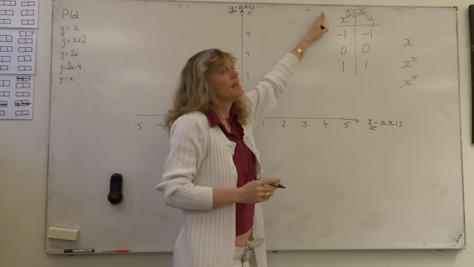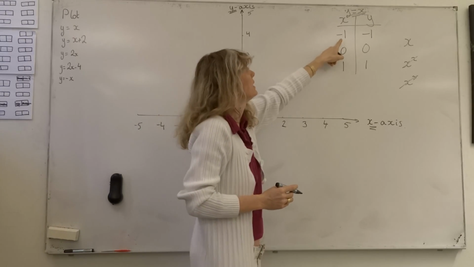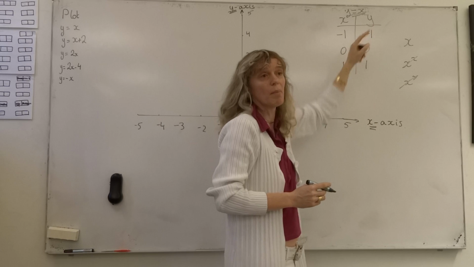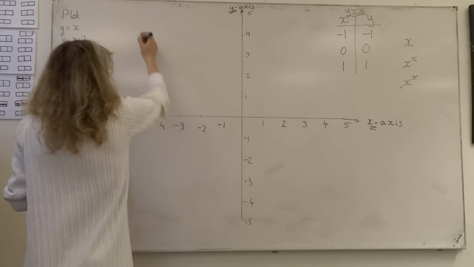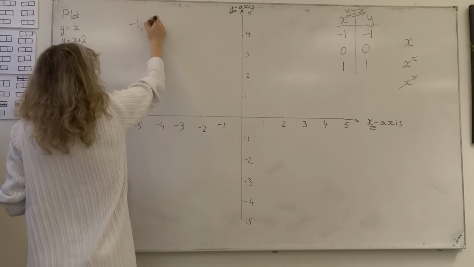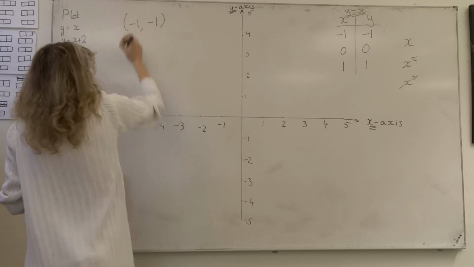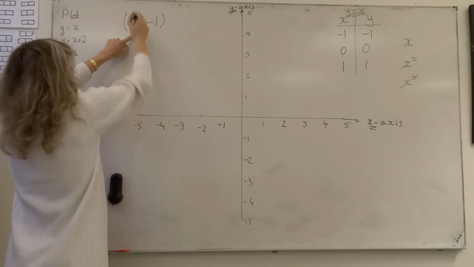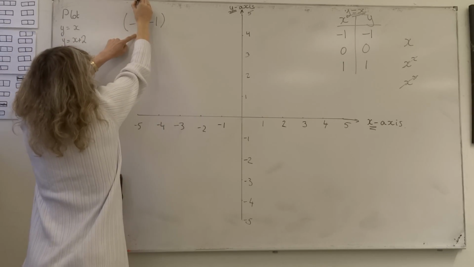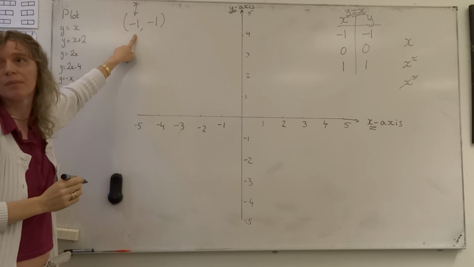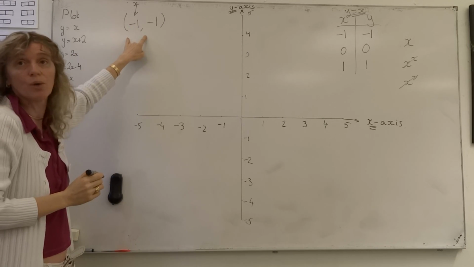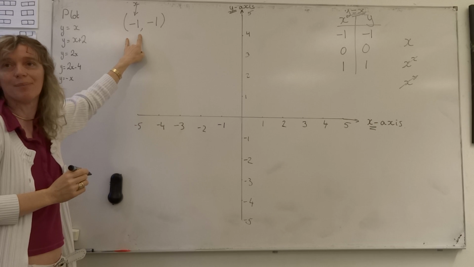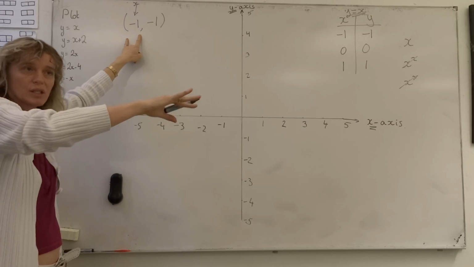So I know that this equation is actually meeting at the point minus 1, minus 1. So that means I have to plot this coordinate, minus 1, minus 1. The first number of plotting a coordinate is always the x number, the one you do on the horizontal axis.